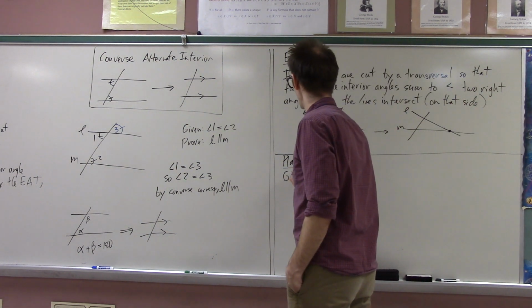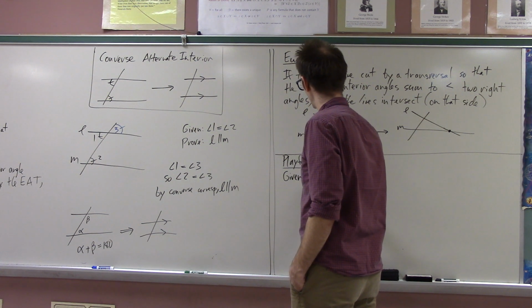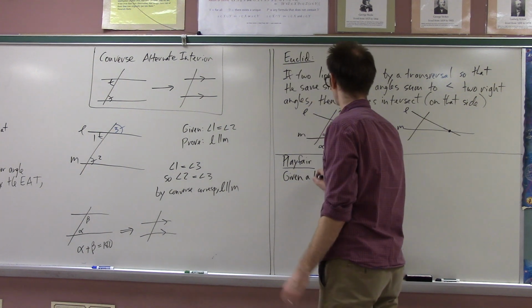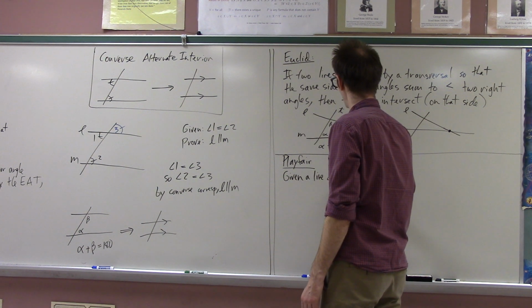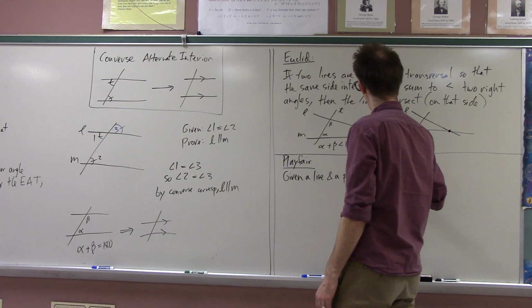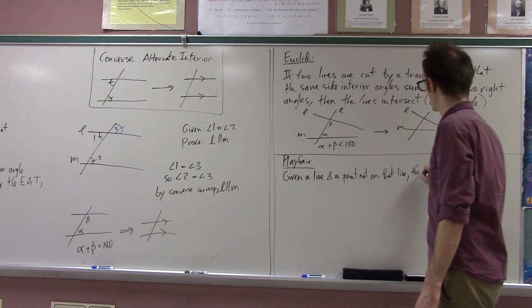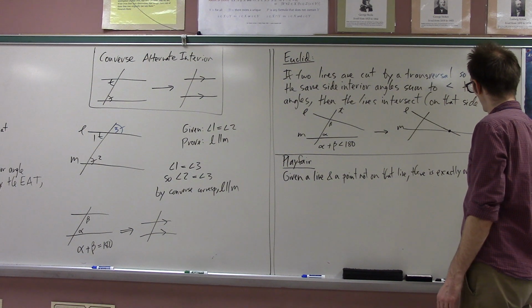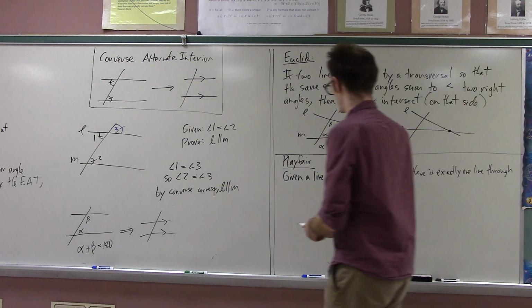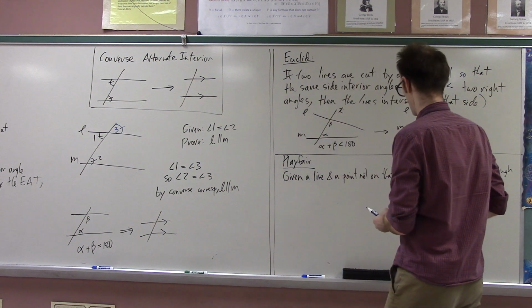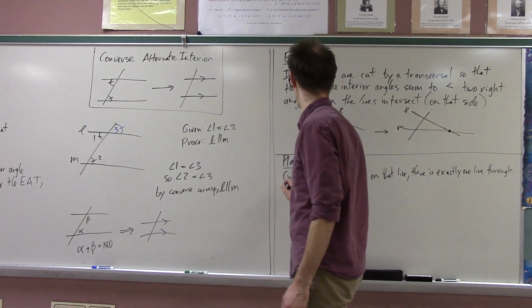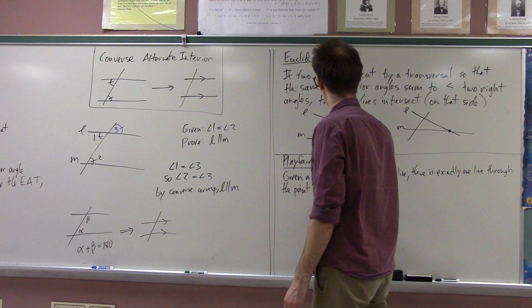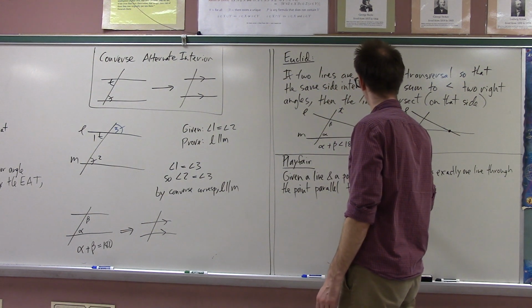And what it says is, given a line and a point not on that line, there's exactly one line through the point parallel to the given line.